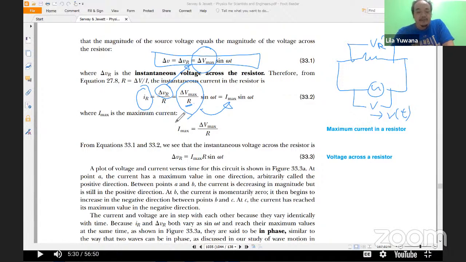So the maximum current is V maximum over R.